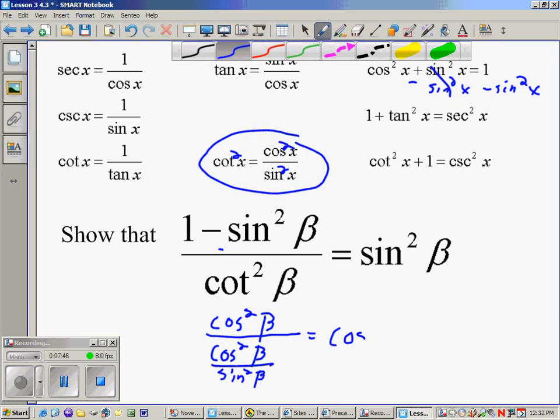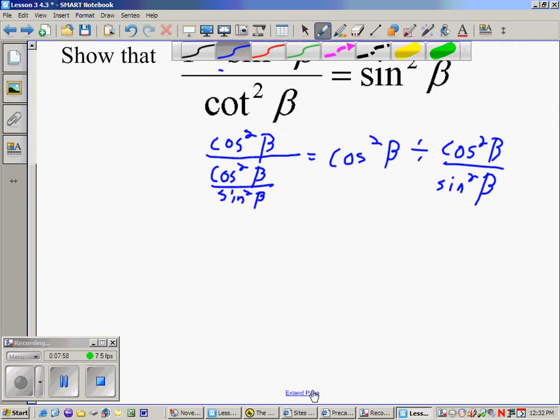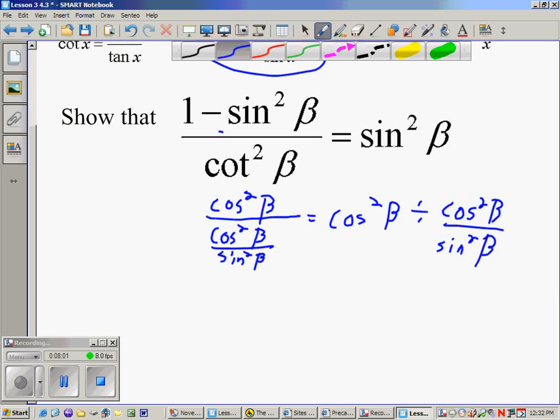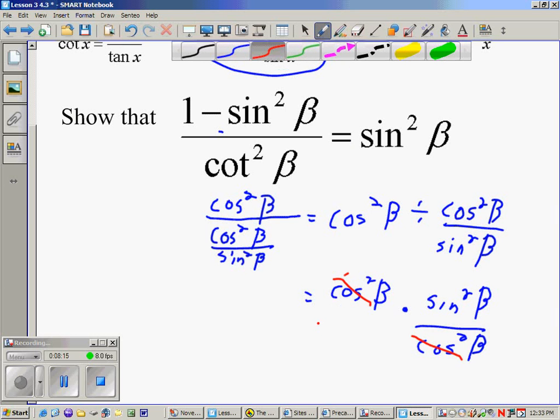Now this is the same thing as saying cosine squared beta divided by cosine squared beta over sine squared beta, which will be the same thing as saying cosine squared beta times sine squared beta over cosine squared beta. Now, if we cross out our cosines, because cosine divided by cosine will cancel out, that'll just leave sine squared beta all alone.